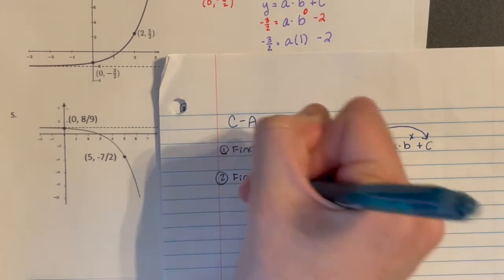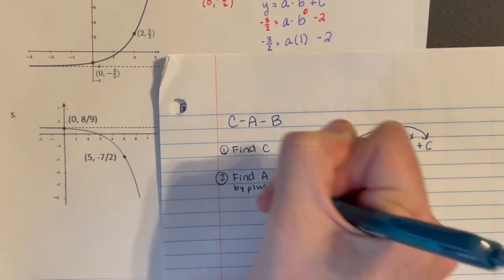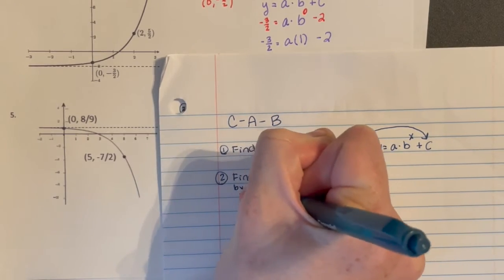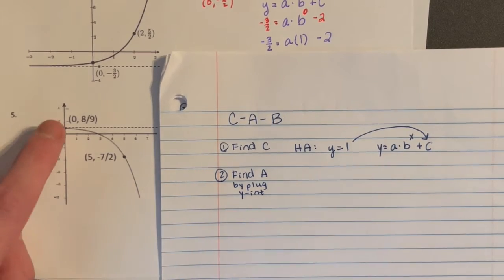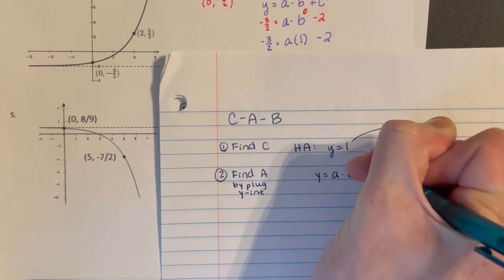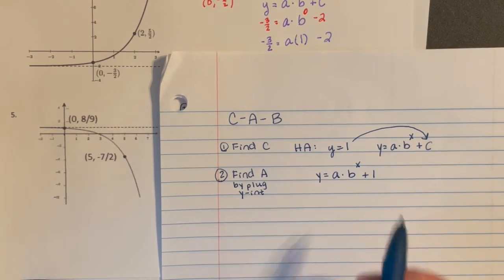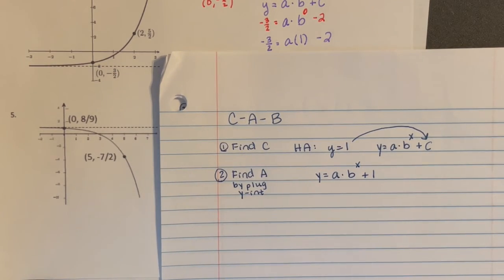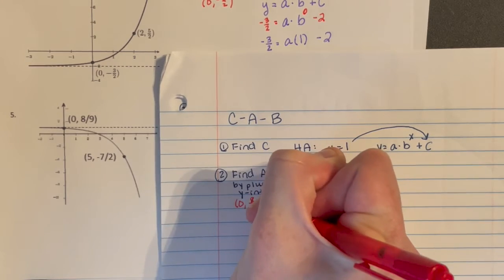So we find a by plugging in the y-intercept. So we always start with the y-intercept first as far as the points that we're given. So if you notice you're given 2 different points, you want to use the y-intercept one first. So y equals a times b to the x plus 1. We just found c. Let's plug in 0, 8/9. That's our y-intercept.